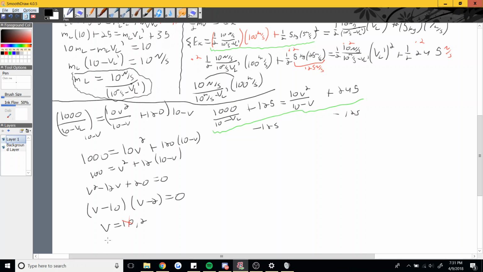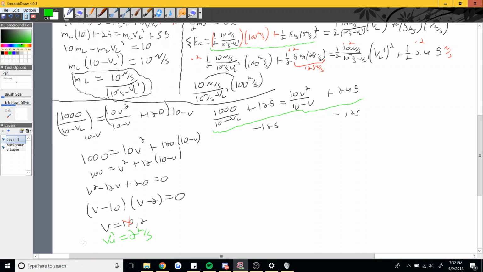So we're just going to go ahead and write out in green down here, v LT prime equals 2 meters per second. And then we can go back up here, plug that in. 10 over 10 minus 2, 10 over 8, ends up your mass right here. Go ahead and write that in red.